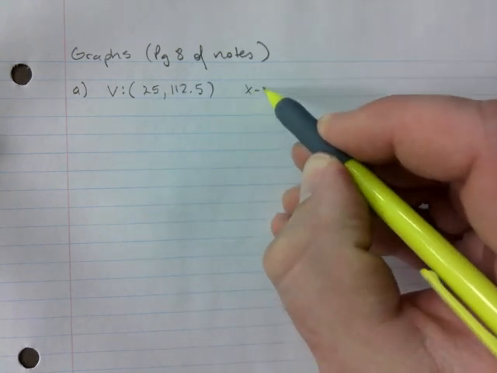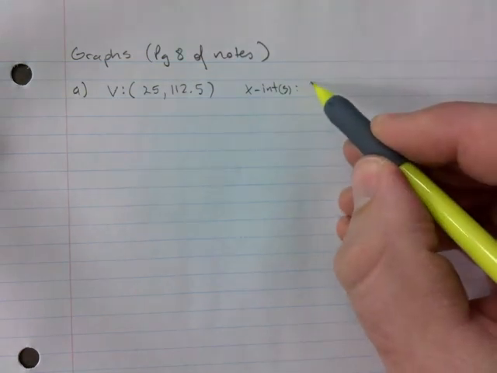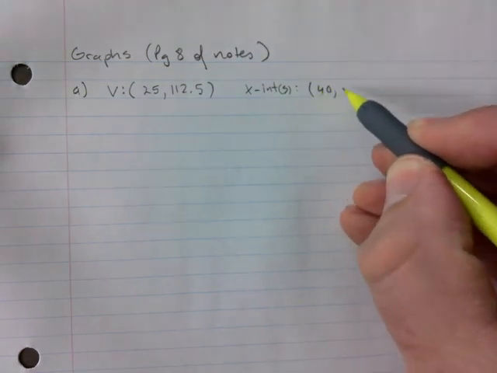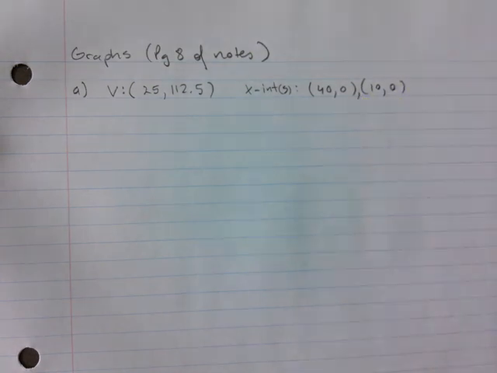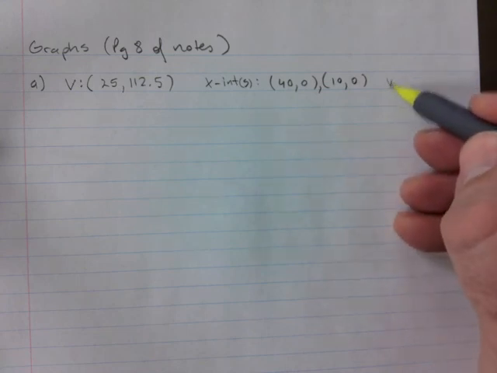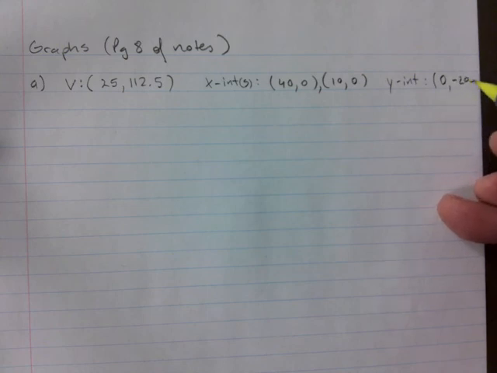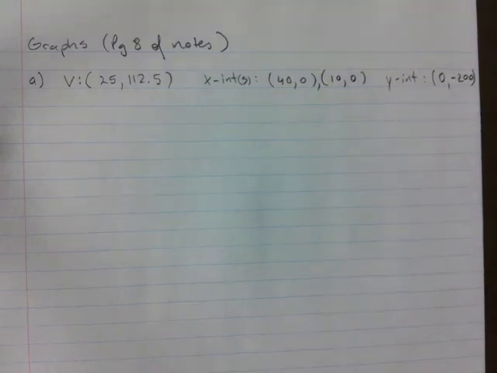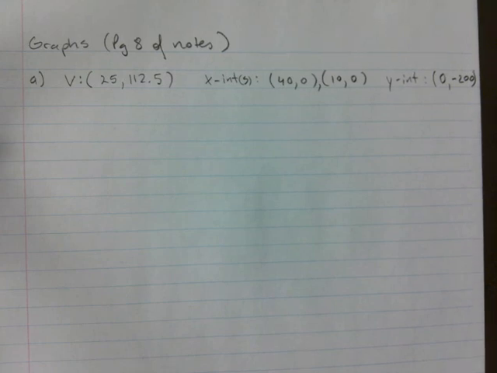The X-Intercepts, in this case, it does have two X-Intercepts, would be 40, 0, and 10, 0. And I separate them by commas, right? And then the Y-Intercept is 0, negative 200. Slower? Okay. Slow down? Okay.